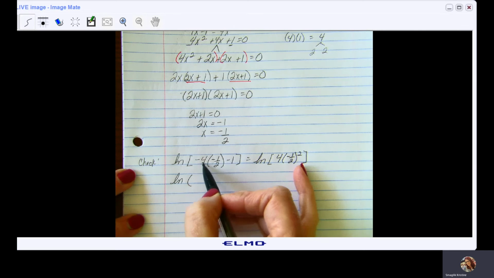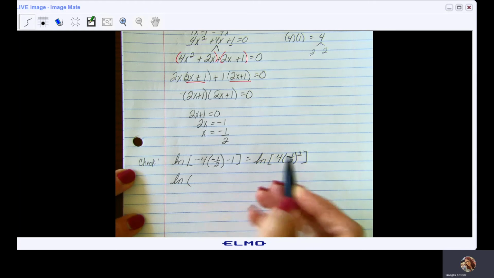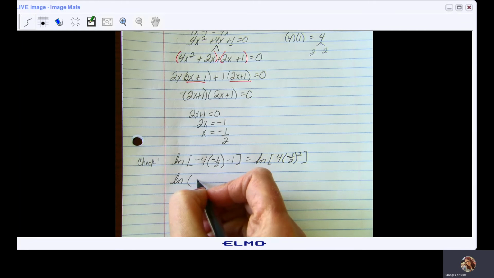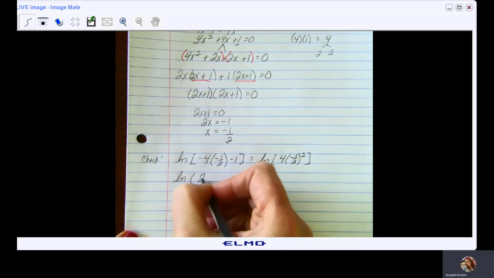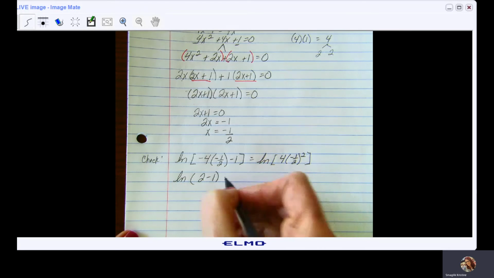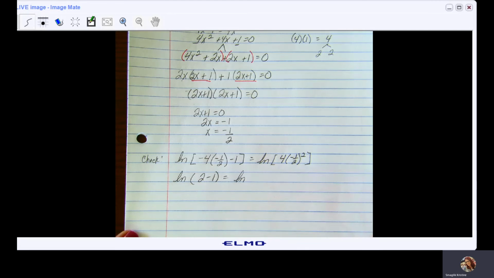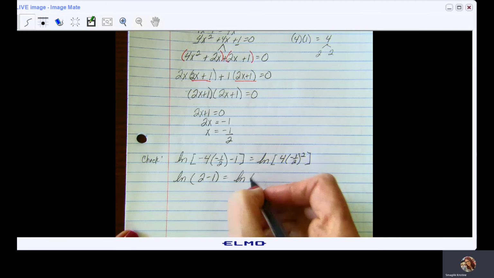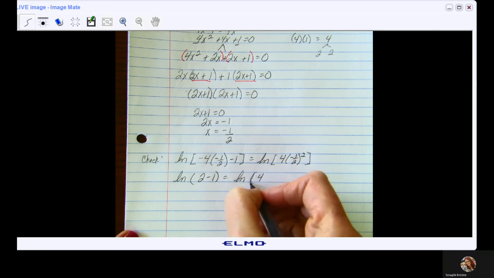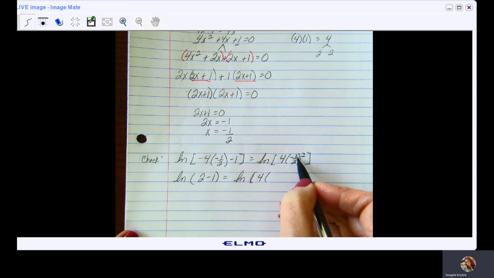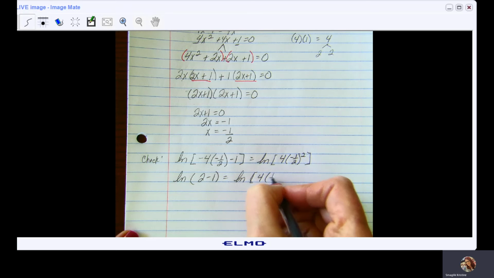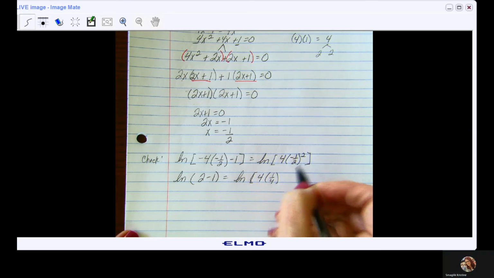So I'm going to have a positive 4 divided by 2, which is 2. We'll write it all out. 2 minus 1 equals the natural log of 4 times negative 1/2 squared, which is going to be a positive 1/4.